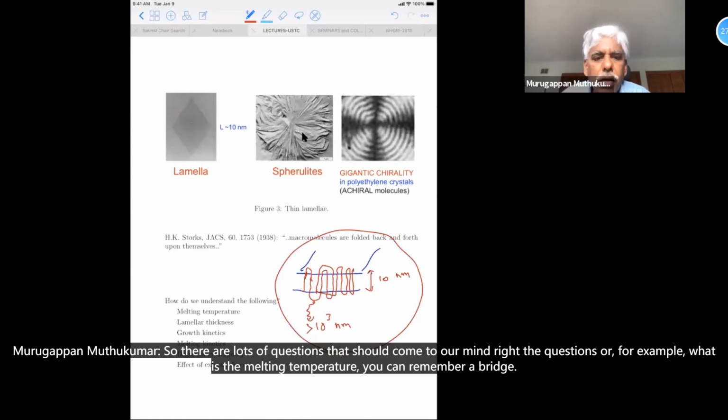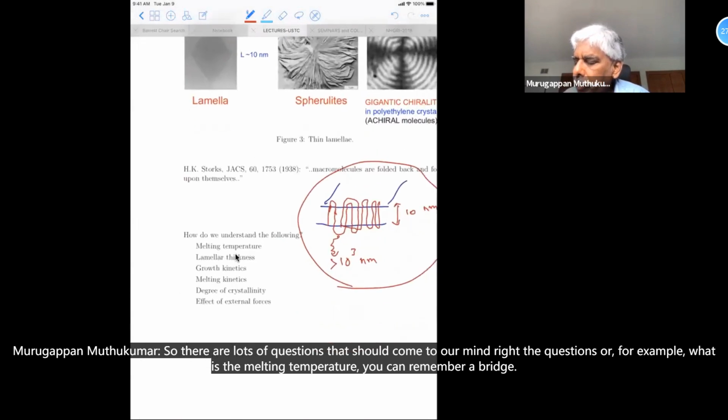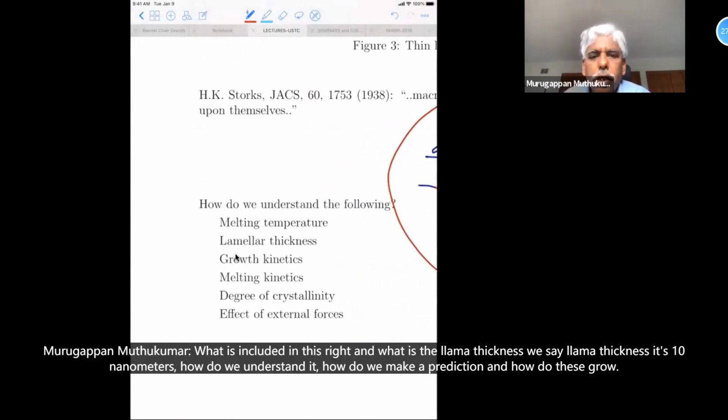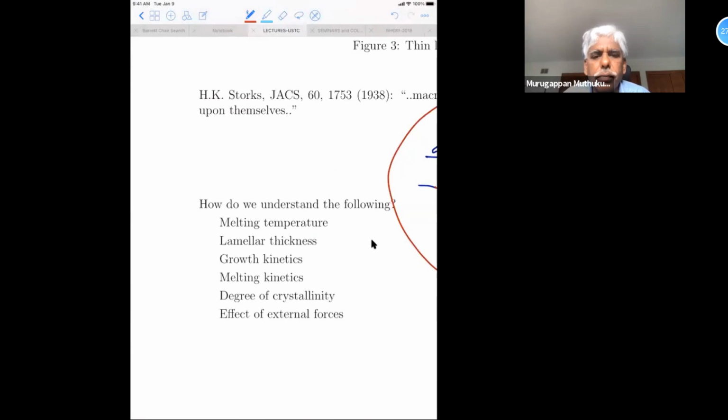The questions are, for example, what is the melting temperature? Equilibrium melting temperature. What is equilibrium melting temperature, right? And what is the lamella thickness? We say lamella thickness is 10 nanometers. How do we understand it? How do we make a prediction? And how do these grow? And how do they melt?